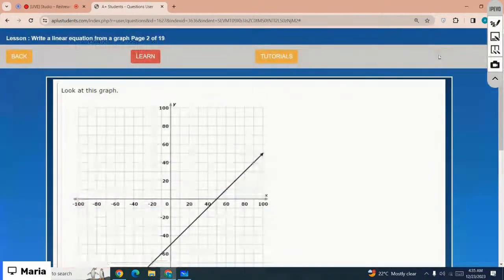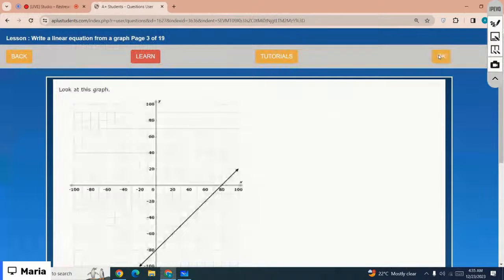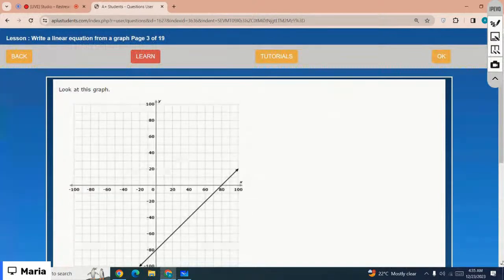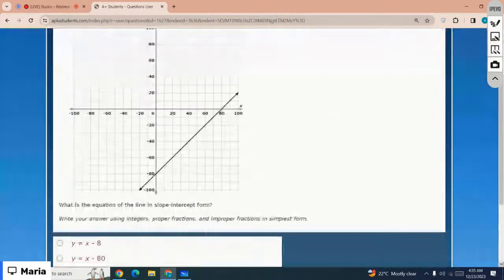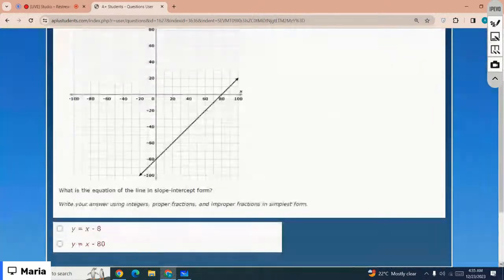Okay, now you have to tell me which is the correct option for the graph. Look at this graph. What is the equation of the line in slope intercept form? So which is the correct option?